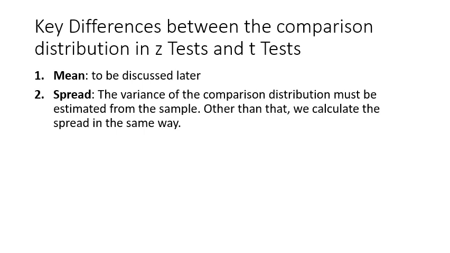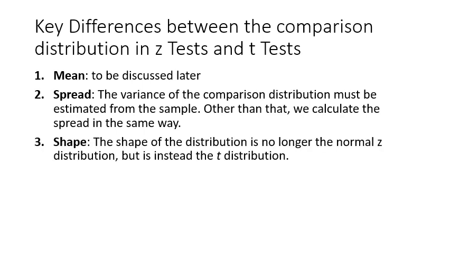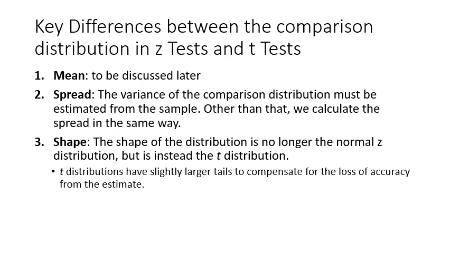But other than that, we calculate spread in the same way as we did for z-tests. And the shape, we're no longer using the z distribution, but instead we're using the t distribution, which is just a distribution that has a little bit fatter tails to accommodate the fact that we're estimating the variance.